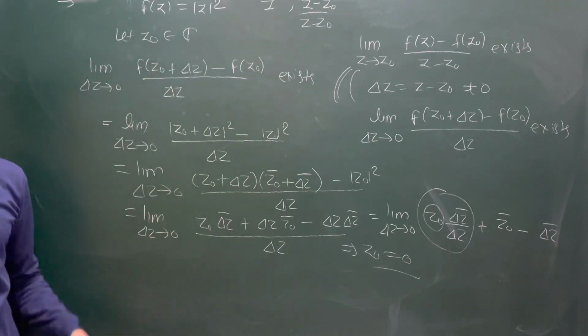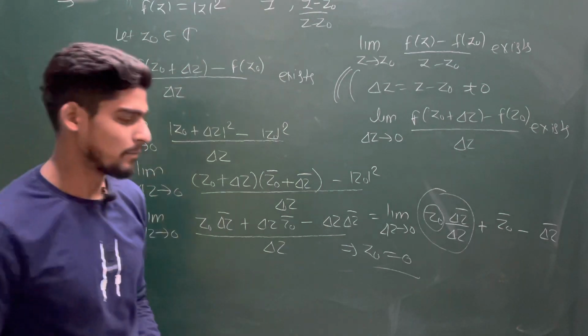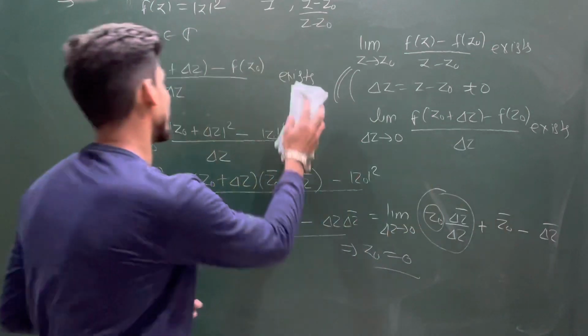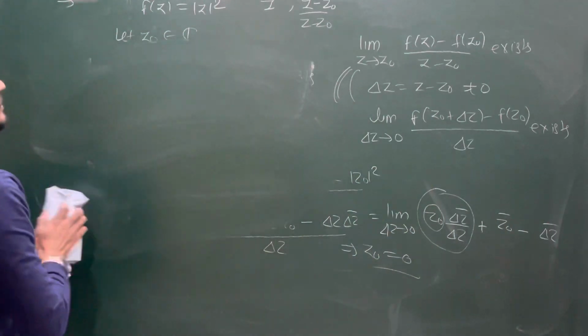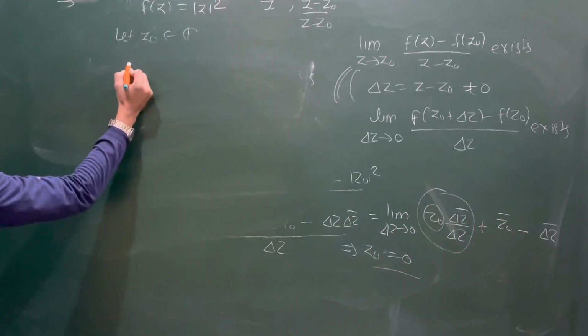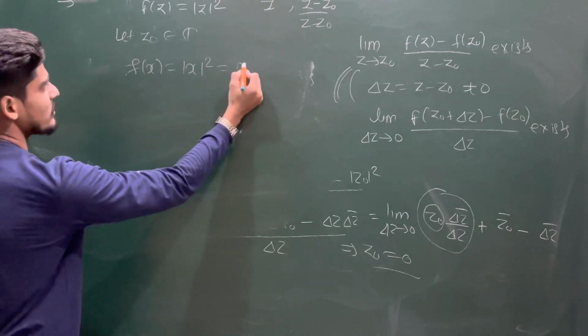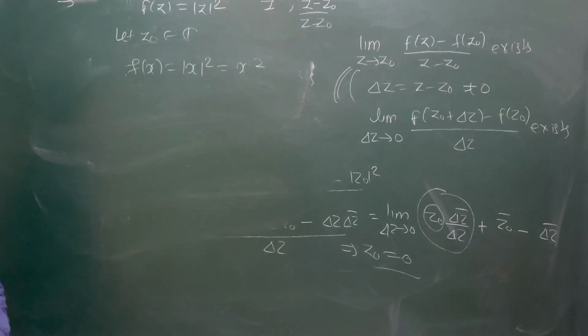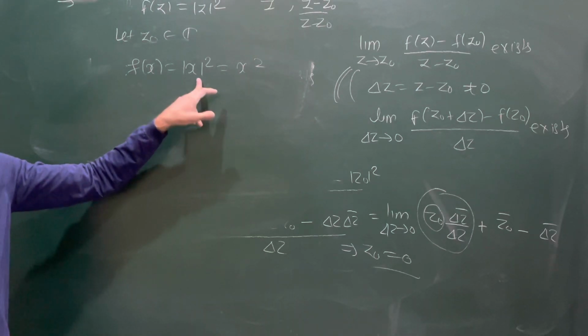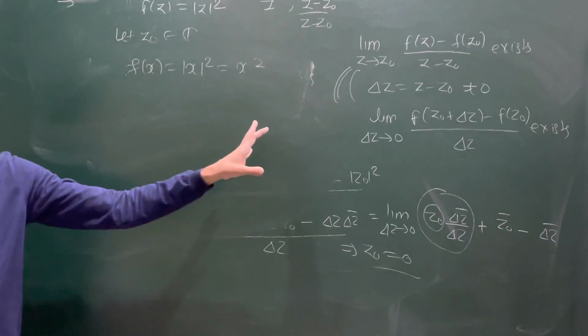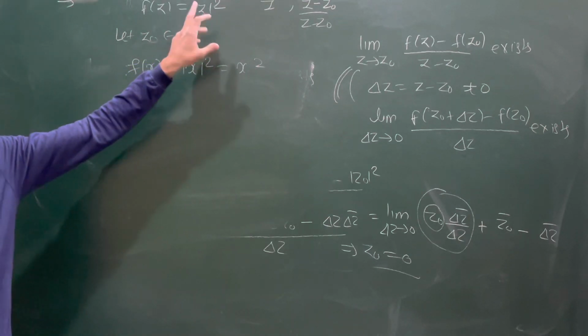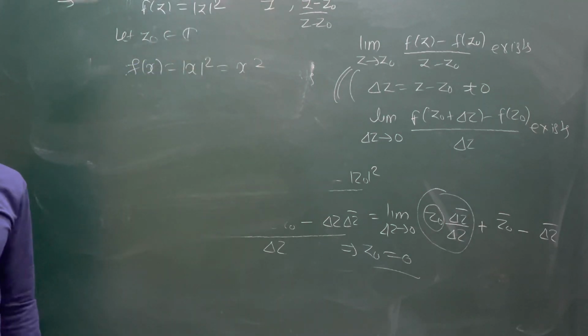This function is not differentiable elsewhere. But if you observe the real function, suppose you define the function f(x) equal to mod x square, which is simply x square. This function is infinitely many times differentiable, and it is differentiable at every point, whereas the complex function is differentiable only at 0.